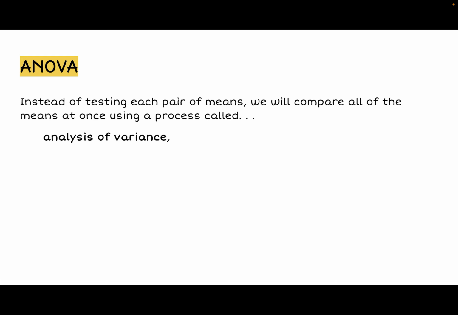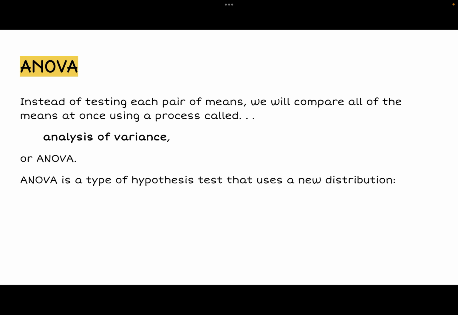It's called analysis of variance because I'm going to compare several means at once, not by looking at the means themselves, but by looking at their distributions and the spread of those distributions, because variance is one measure of spread. We shorten this to ANOVA for analysis of variance, and it's a type of hypothesis test that's using a new distribution, the F distribution.